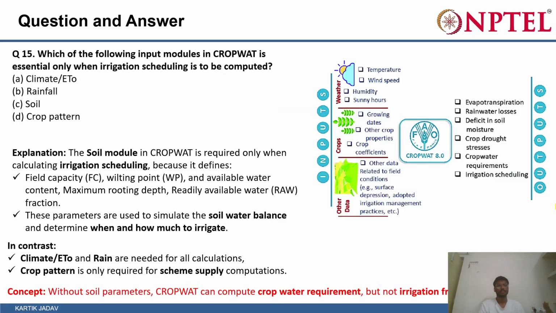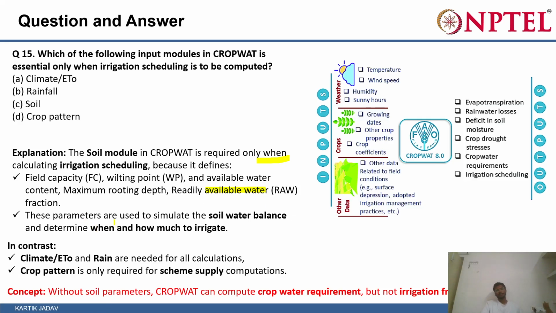Next question, which of the following input modules in a crop plot is essential only when irrigation scheduling is to be completed? So, the soil module in a crop plot is required only when calculating irrigation scheduling because it defines field capacity, wilting point, and available water content. That will help us to decide when and how much to irrigate.